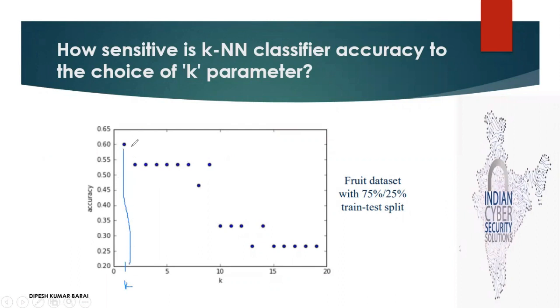Because most of the time, if we take k value as 1, there is a chance of overfitting, meaning there is high variance in the data set. Okay, so if you increase the value of k, the accuracy slightly decreases, but that will give you the best result. Okay, and when you keep increasing it, the accuracy also decreases.